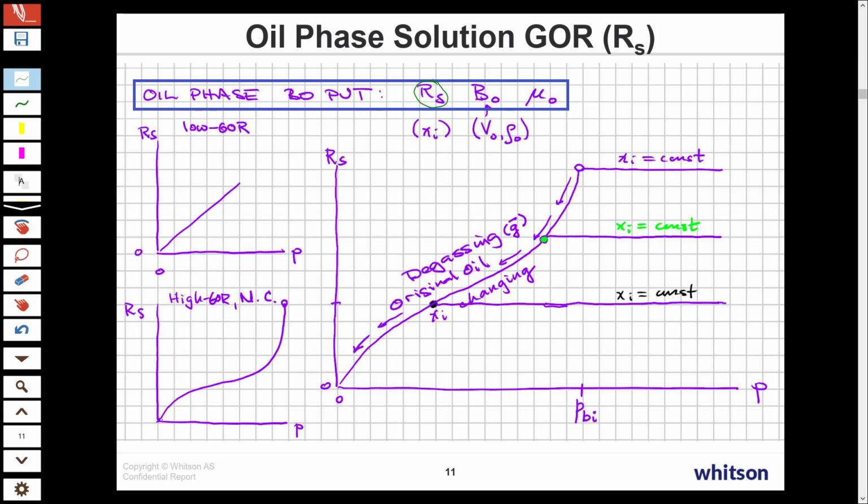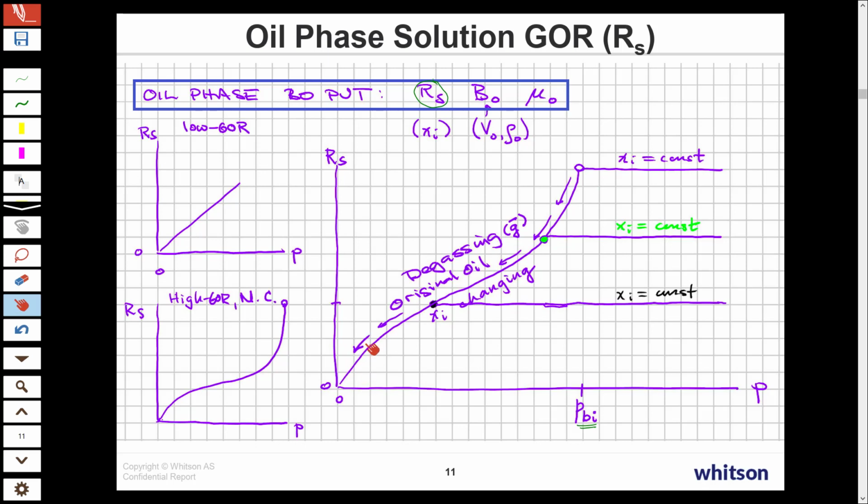And for gas condensates, you'll often find that it is not monotonic, that it increases from low pressures and then it reaches a maximum and then drops back down. But in this case, we're looking at a normal oil solution GOR behavior that's monotonically decreasing from the initial bubble point. For example, if you start with an oil, the oil is shrinking continuously as we drop the pressure here.